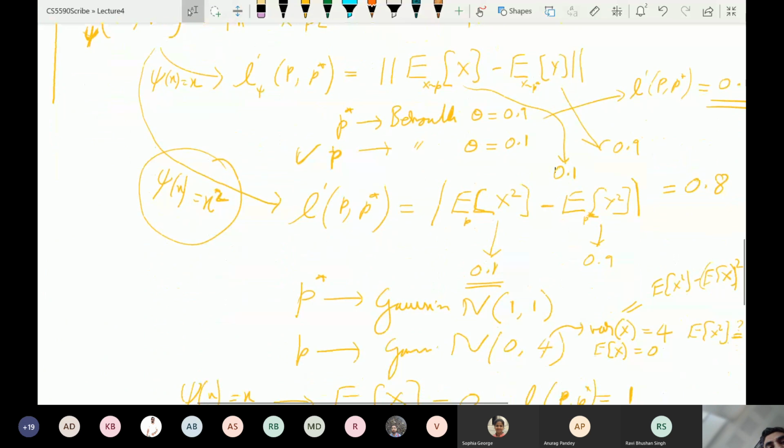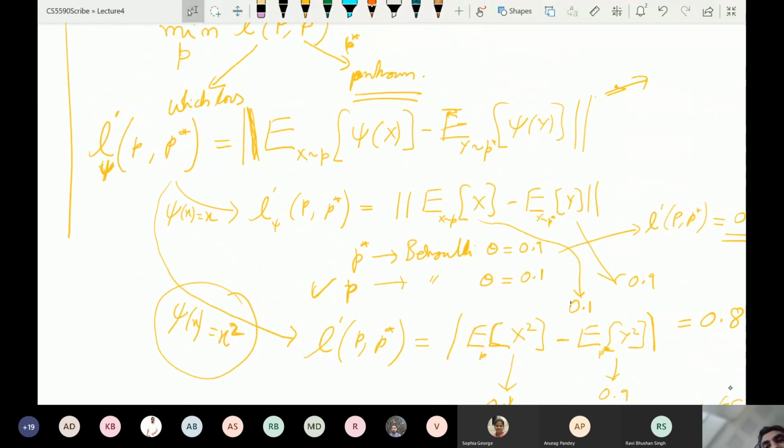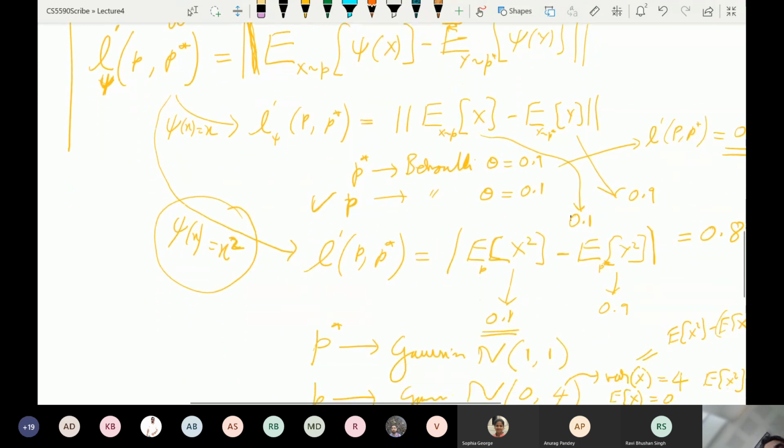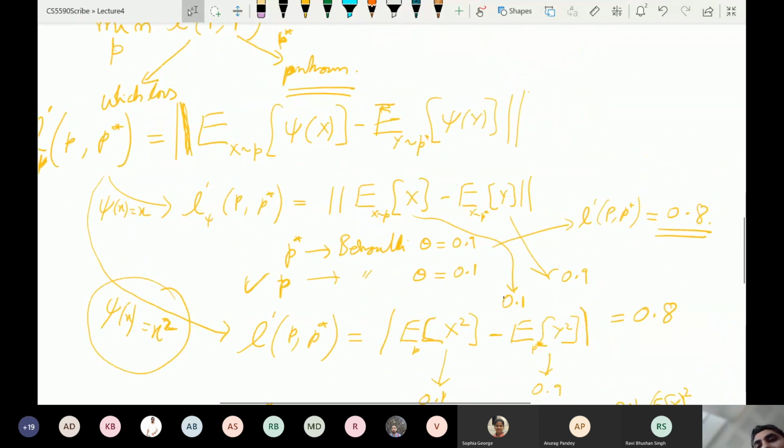There are too many names for this, so many that you'll get confused. So let me not name this. In simple words, you can just call it mean matching distance. It need not be a distance, so mean matching loss.